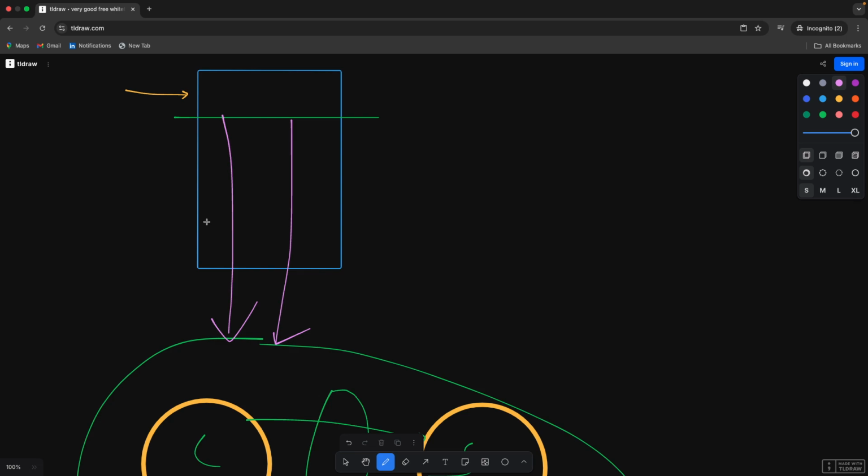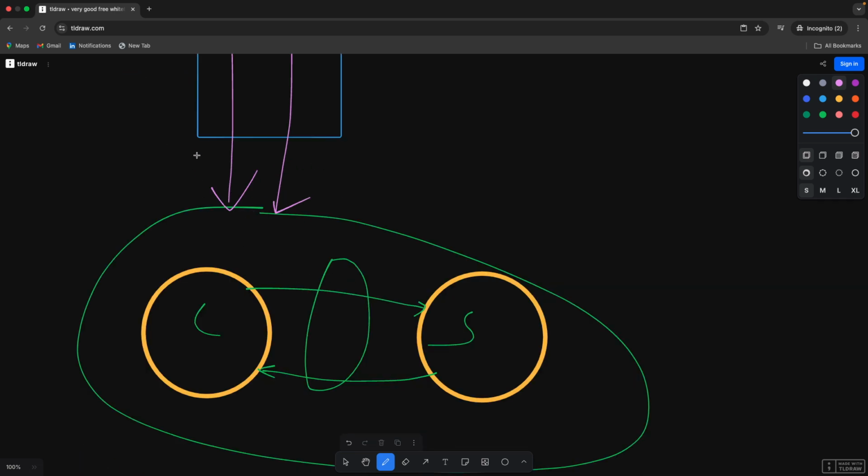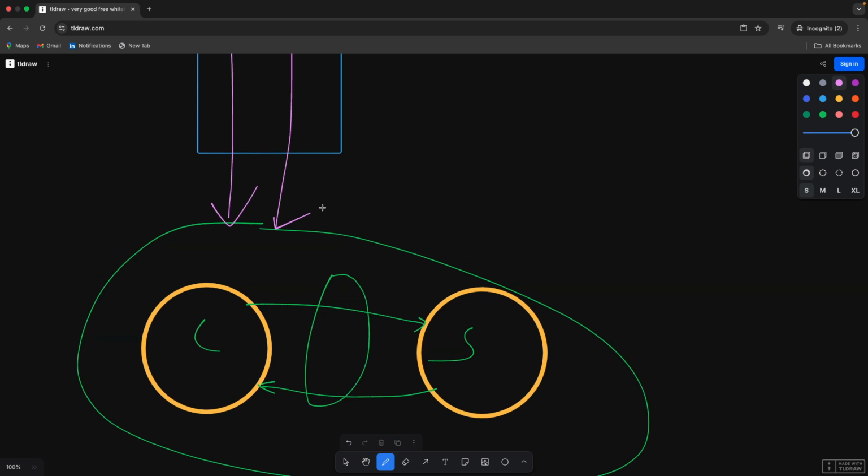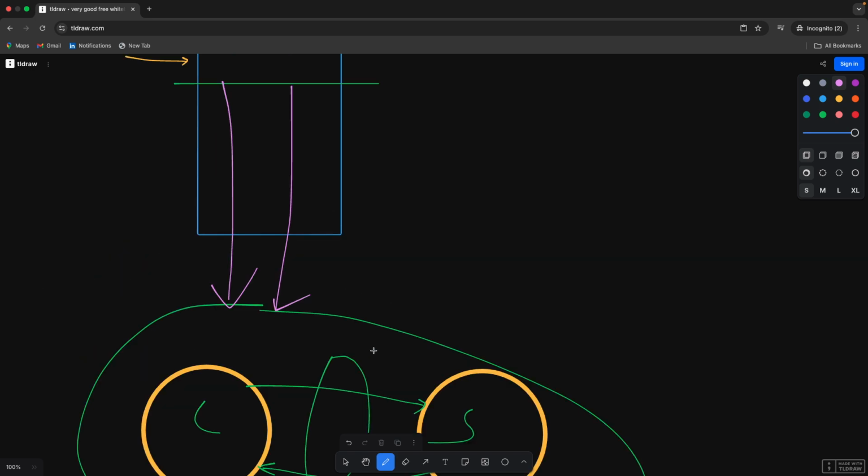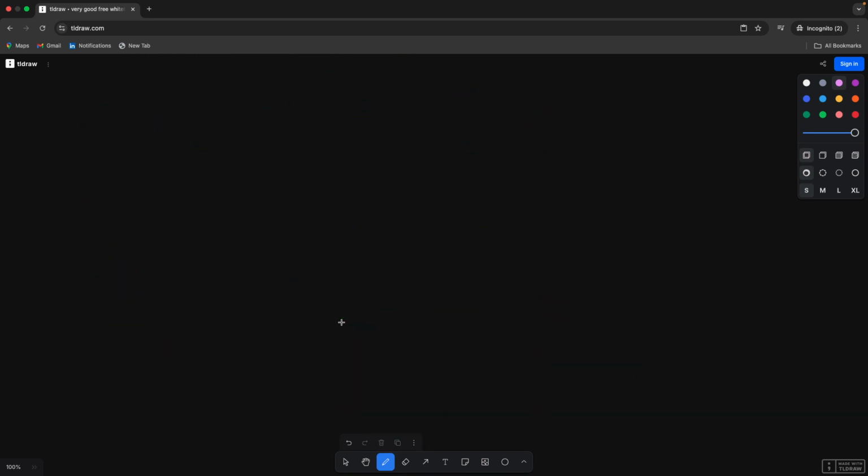So the first thing that we are going to study is only those applications that follow this client server architecture, or basically the applications that are running based on this model, which is a client and a server.